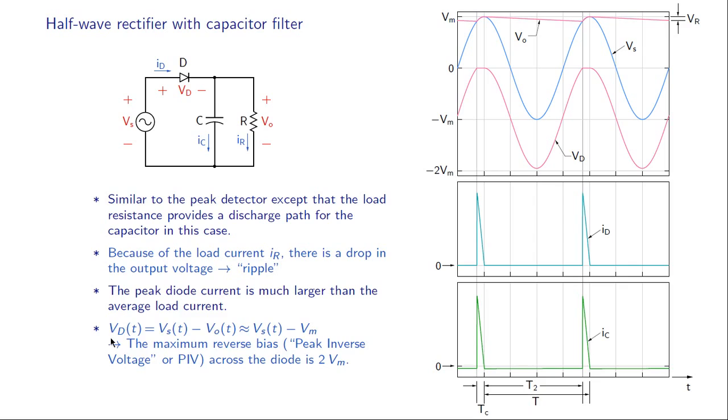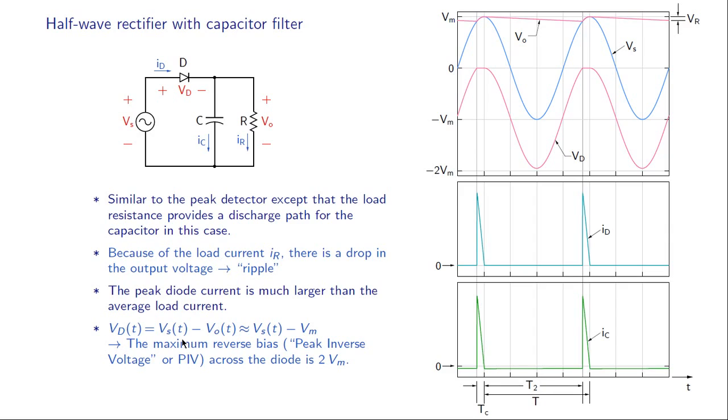Next, let us look at VD, the diode voltage. What is that given by? By KVL, we can say that Vs must be equal to Vd plus Vo. So therefore Vd is Vs minus Vo, as given by this equation here. What about Vs of t?